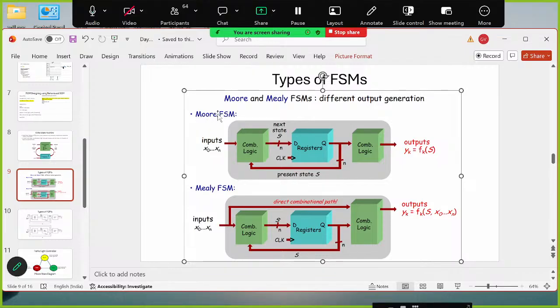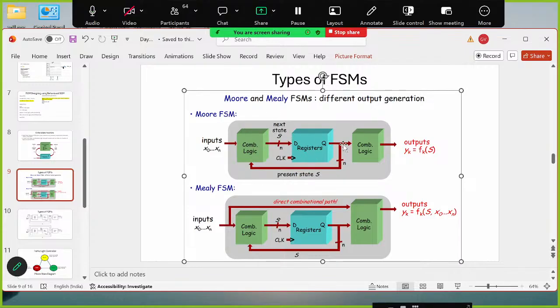If we talk about the Moore machine, you can see over here we have inputs, then we have some computational logic, you can say next state logic, where your present state is stored. Depending upon that present state and input, the next state is generated, which is stored inside the register.